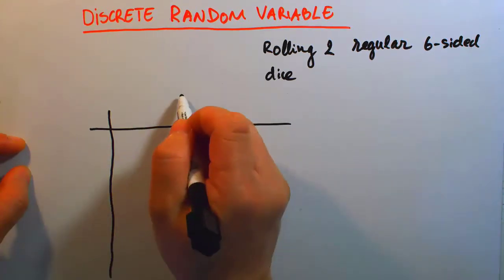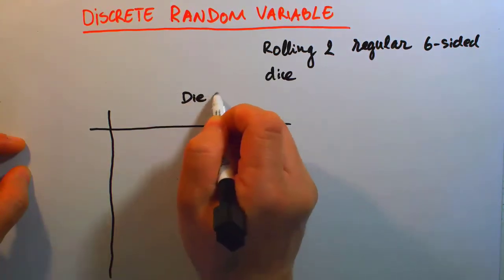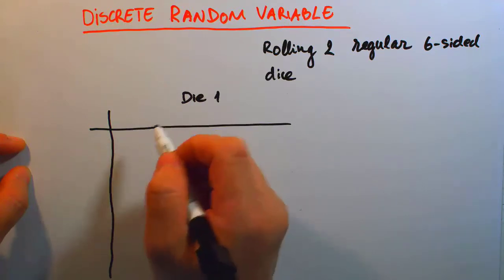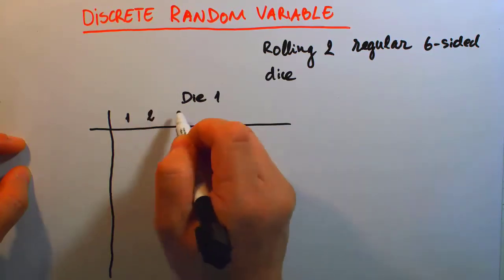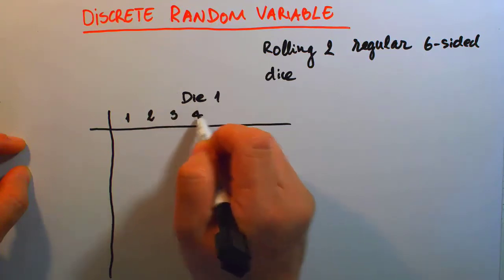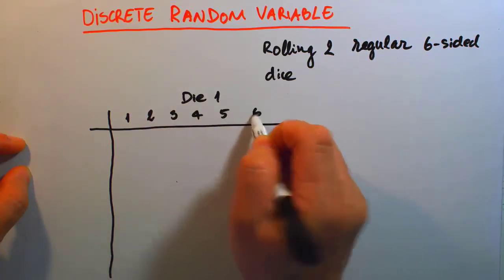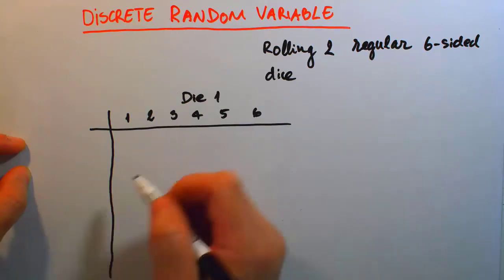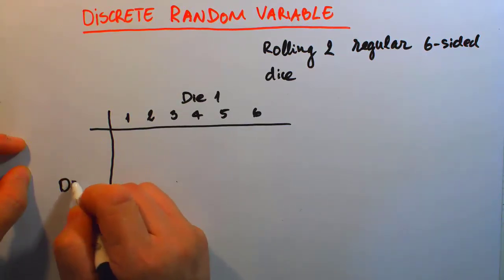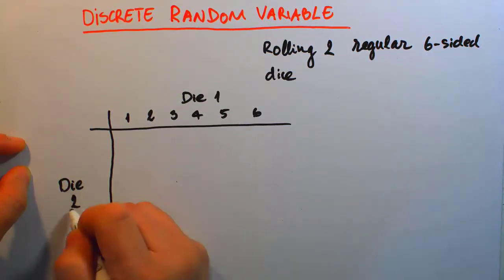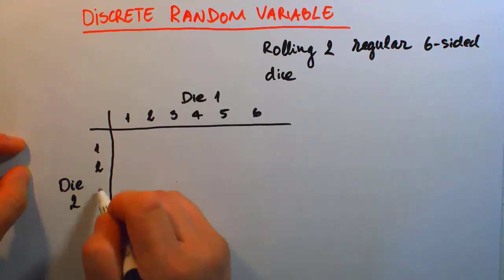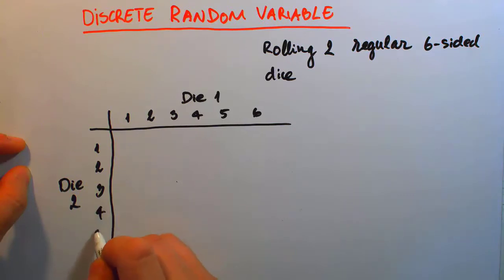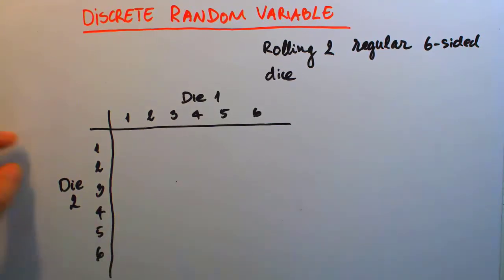So die 1, when you roll 2 dice, can independently give any of these outcomes: 1, 2, 3, 4, 5, 6. And the same with die 2. When you roll both of them, die 2 can also independently give you the outcomes 1, 2, 3, 4, 5, and 6.